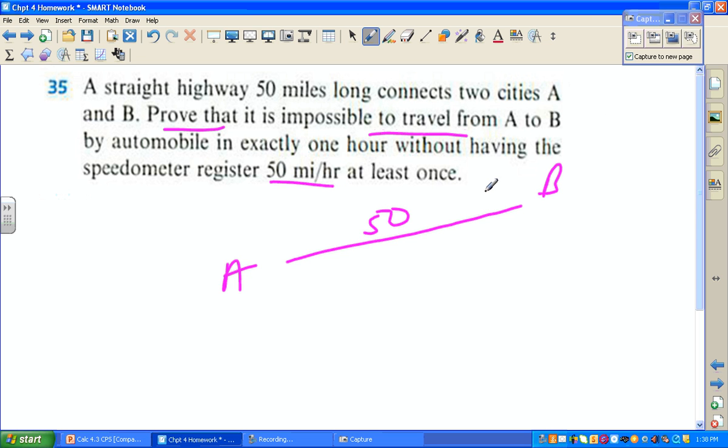Okay. All right. This is the instantaneous. And the road connecting them is continuous.